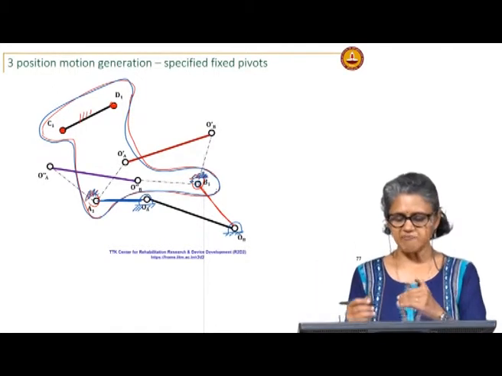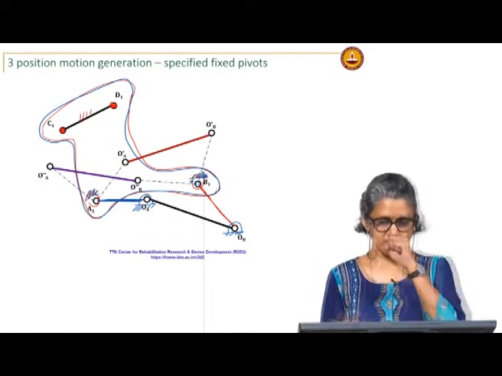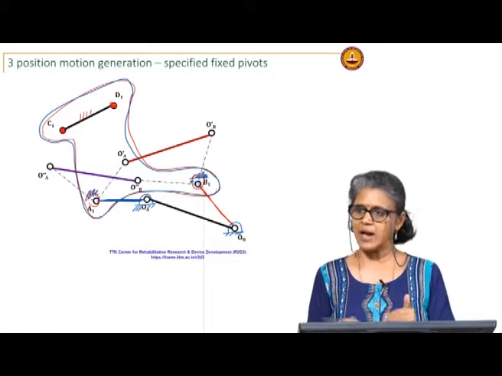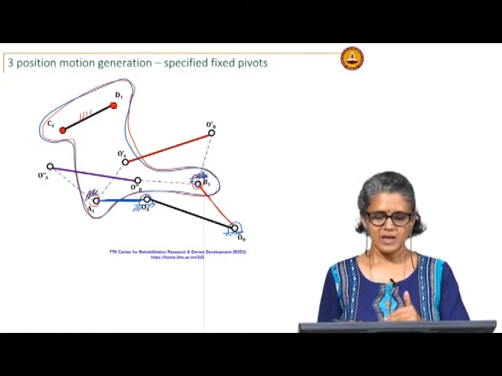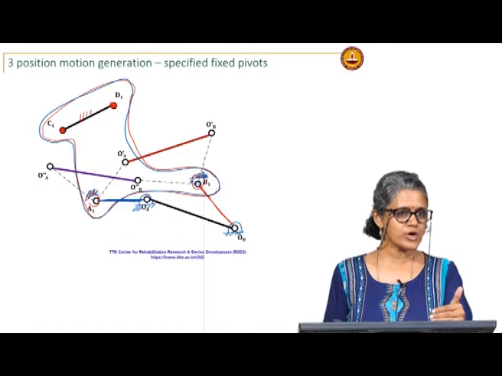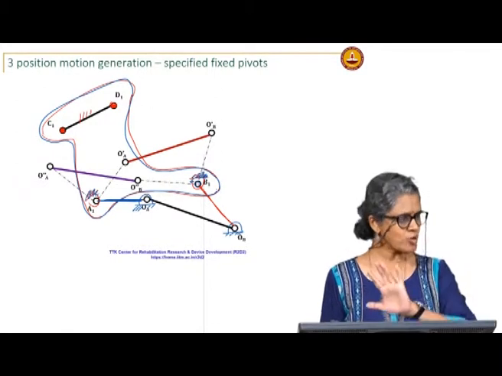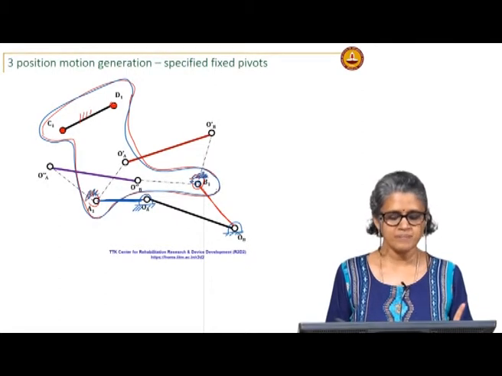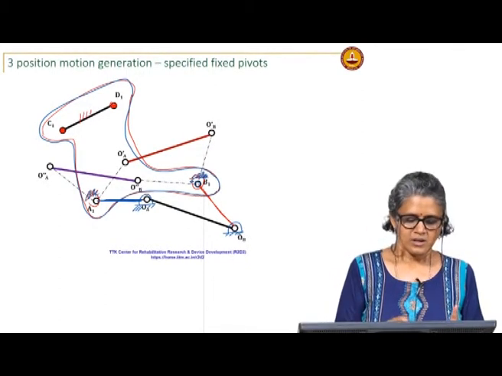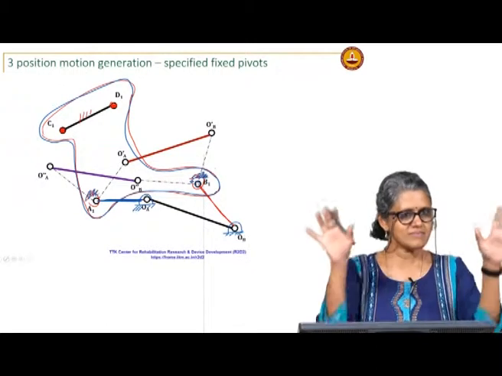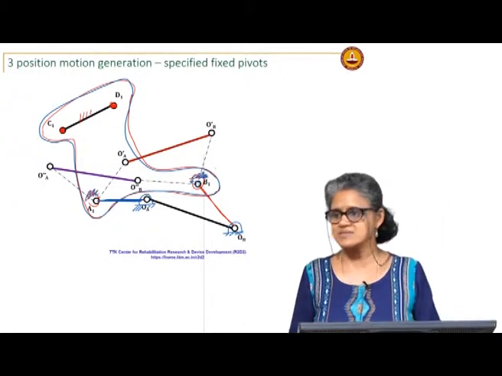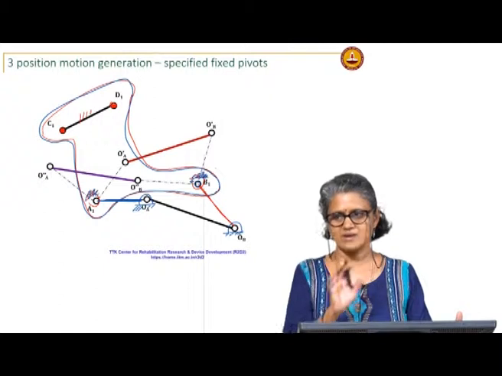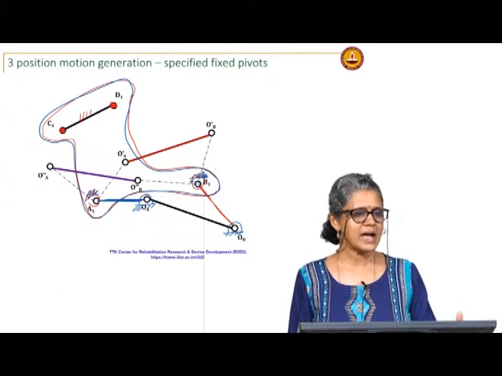So, basically I have found what are the points for which OA and OB are the center points. I found the corresponding circle points on the moving coupler. I found the moving pivots. Okay. Hopefully, these will be in a location that is suitable for my application. Okay.